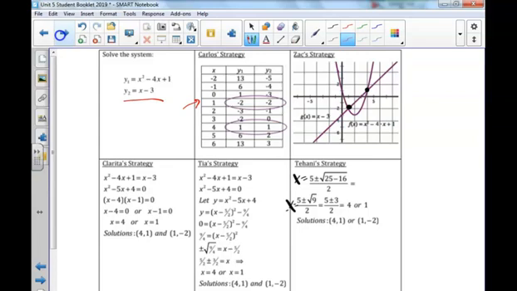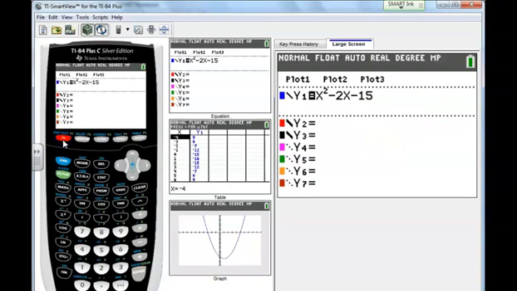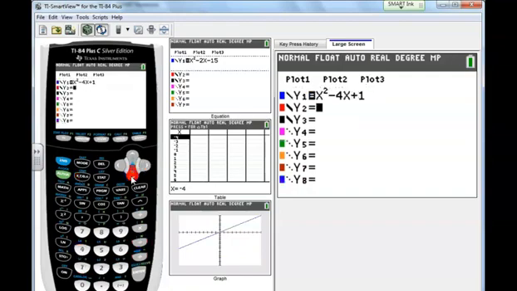equals on my calculator. To show you how to do that, I'll go back to my y equals and I'll type in both of my new functions, x squared minus 4x plus 1, and my second function, my linear function, was x minus 3.